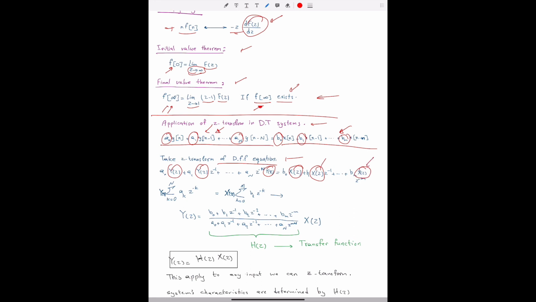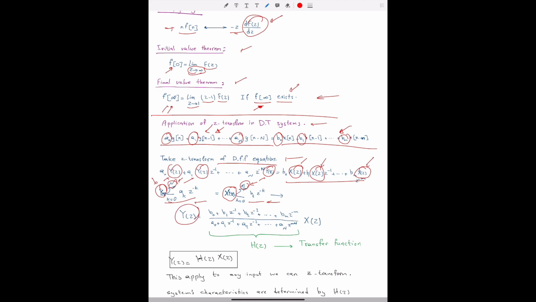So in all terms of the right-hand side we have x of z, therefore we can take x of z out of the sigma, and in all terms on the left-hand side we have y of z, so we can take y of z outside of the sigma. We have the sigma of ak z to the power of minus k on the left-hand side, and the same thing on the right-hand side, but the boundaries would be different. The boundary here would be capital N, and the boundary there would be capital M.